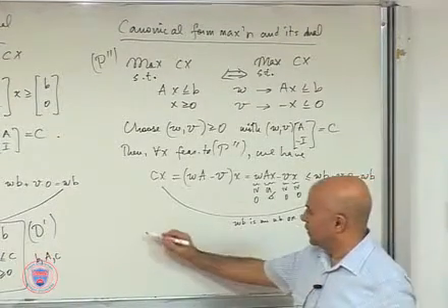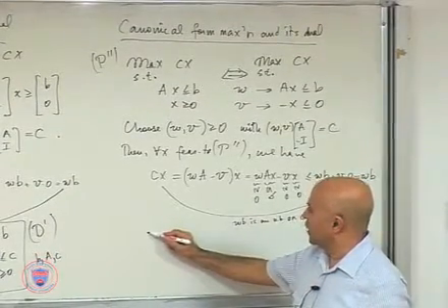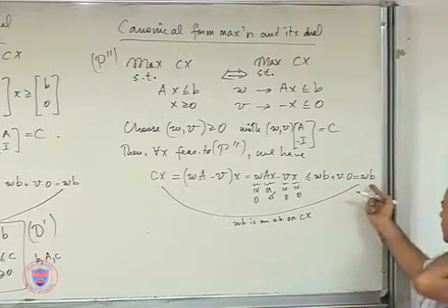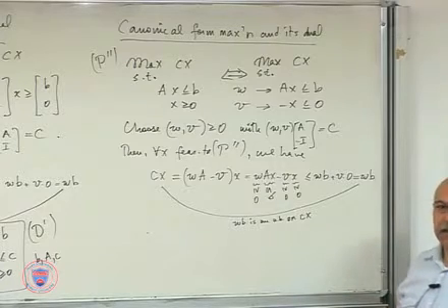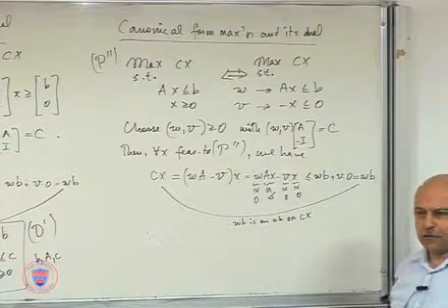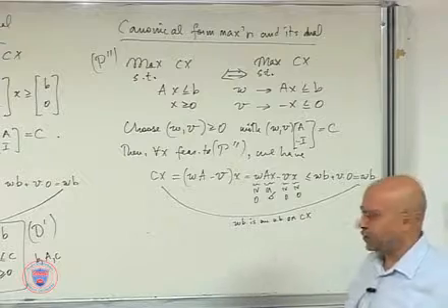And for this reason, this gives rise to a minimization type dual problem, because you want to minimize the upper bound, or you want to push it as far down as possible. Okay?